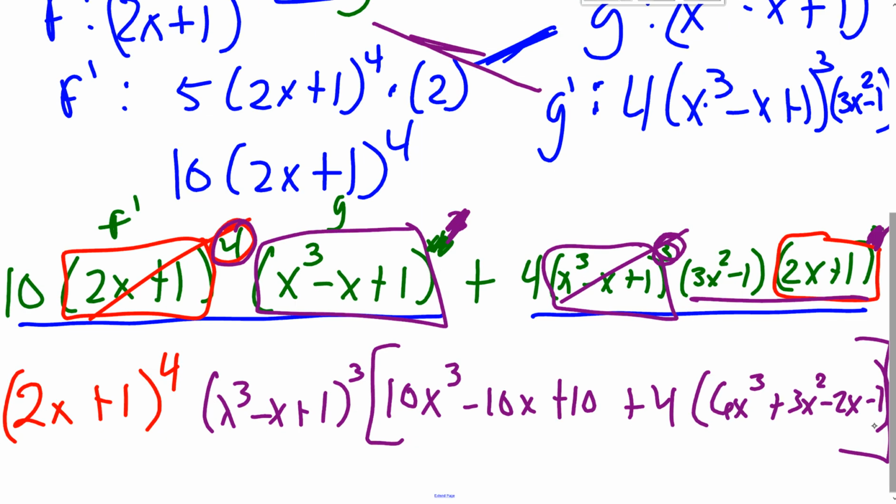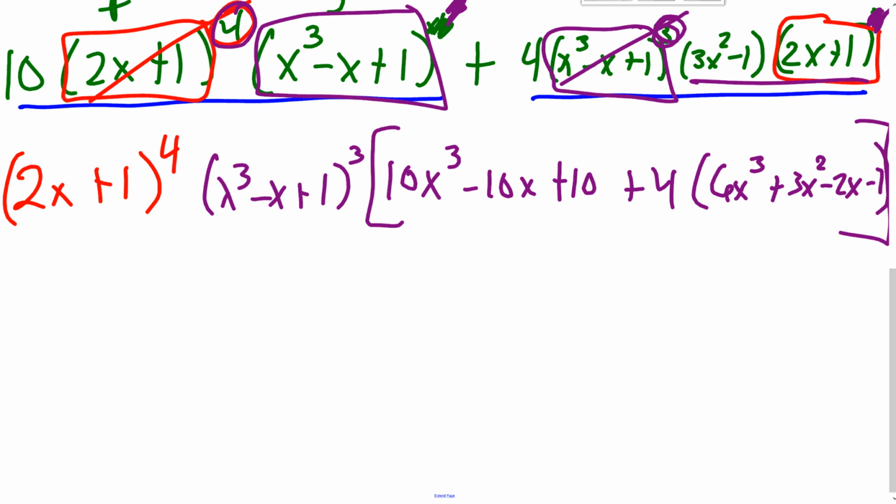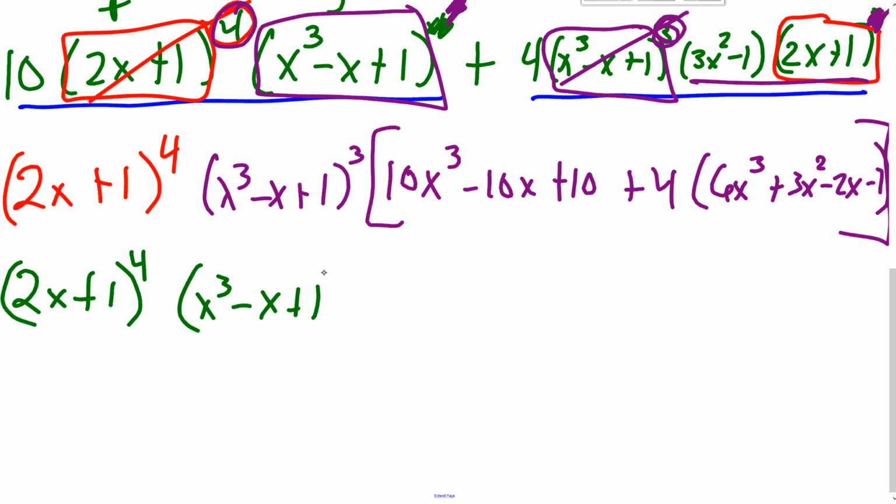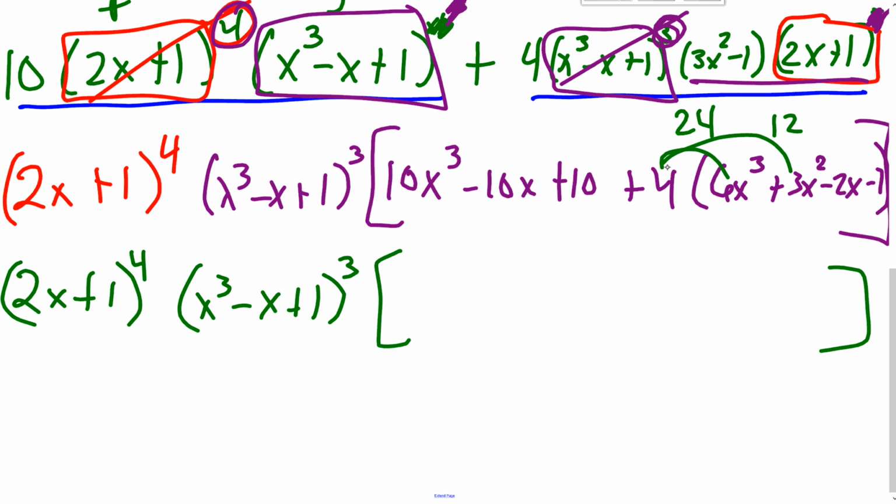Hey, I actually almost made it. All right, now I can distribute that 4. That becomes 24, that becomes 12, that becomes negative 8, and that one becomes negative 4.